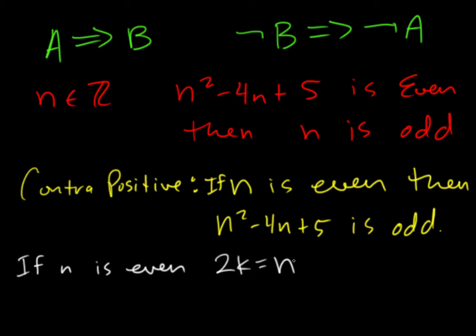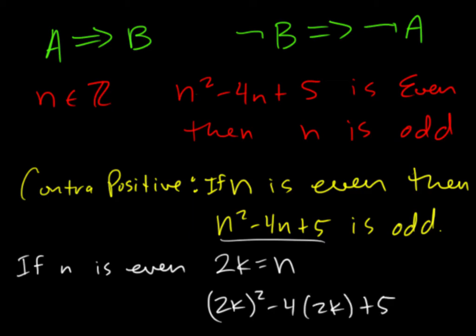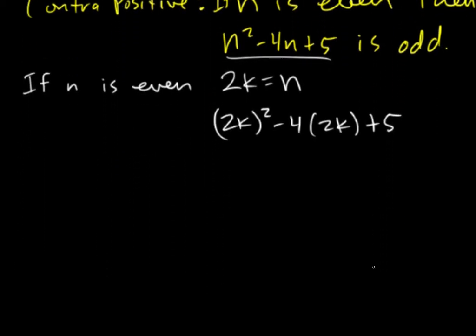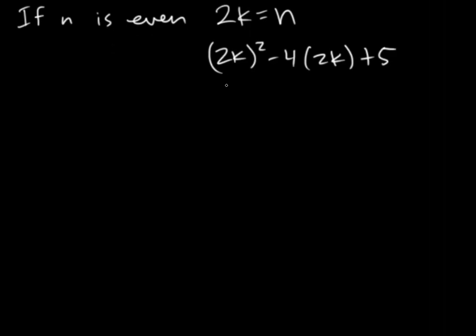And so if we plug that in to this thing, we're going to say 2k squared minus 4 times 2k plus 5. And if we simplify that, 4k squared minus 8k plus 5.